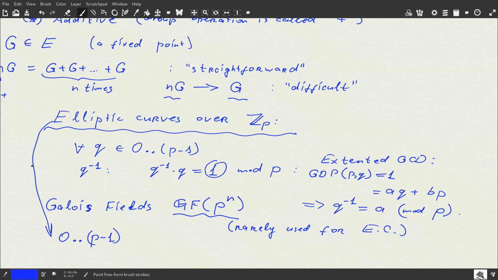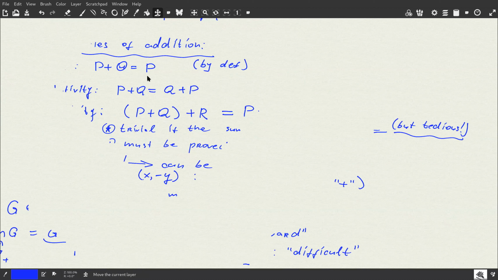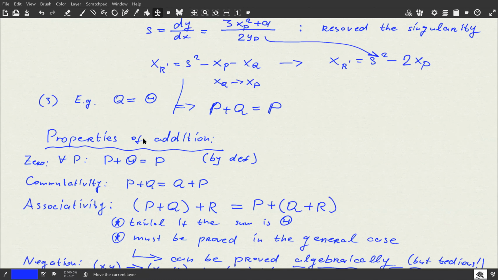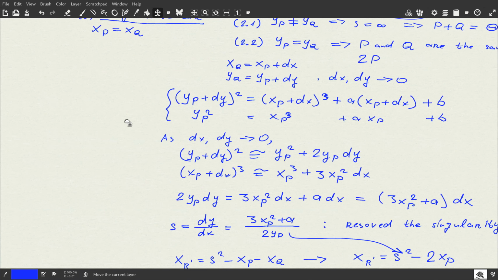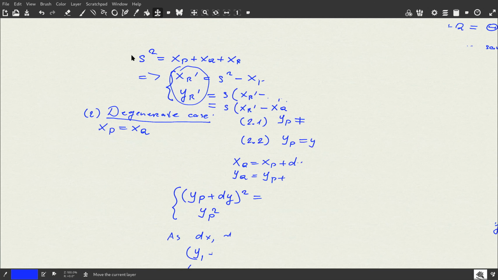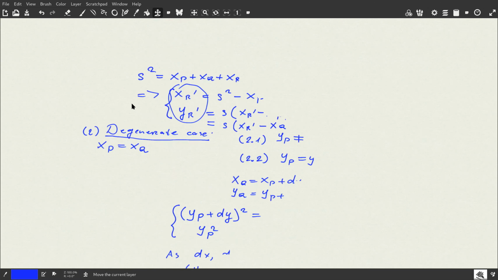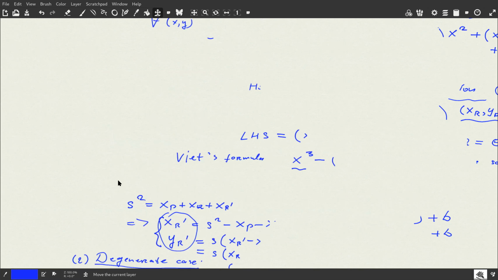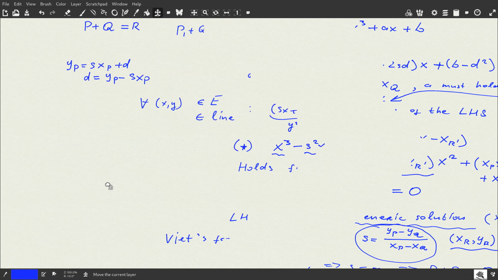Therefore, if we perform operations, obviously you need to consider the coefficients A and B to be from ZP as well. Let's come to the original formula.